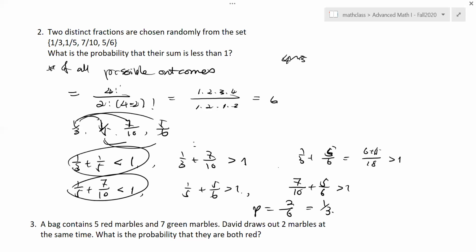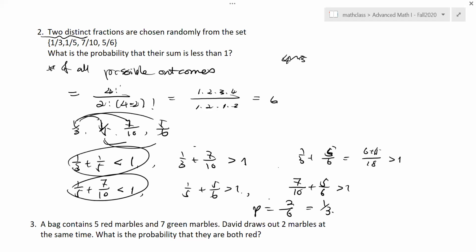Oh, you said 4 factorial. Well, I do not arrange those 4 numbers. We only pick 2 numbers here: 2 distinct fractions are chosen randomly from the set.